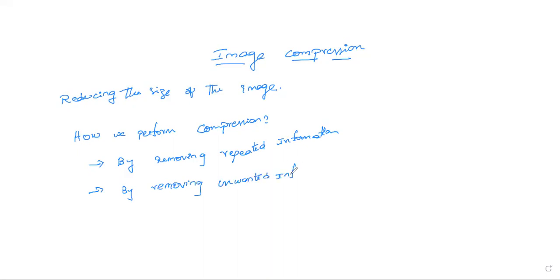The repeated information is known as redundancy.